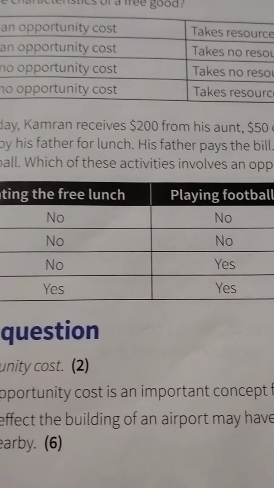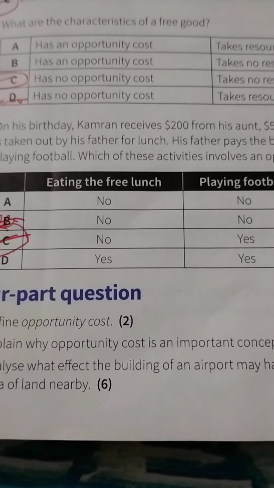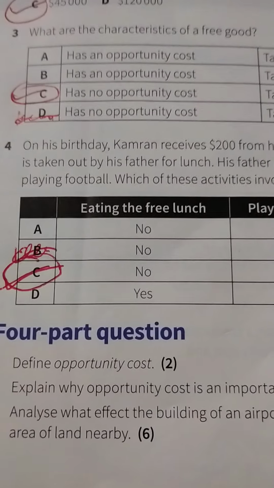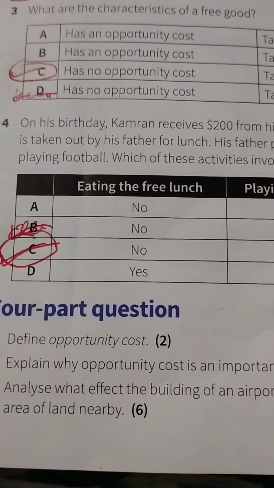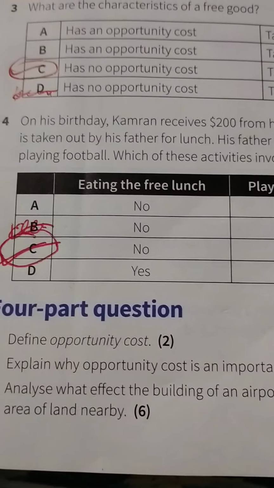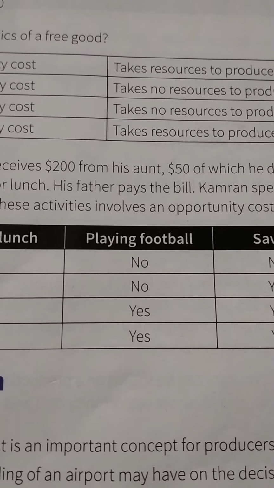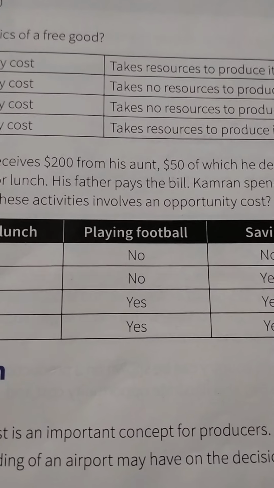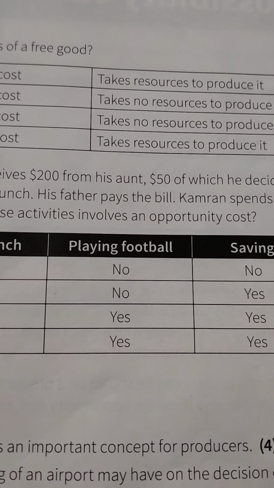If I look at the table which is given, there are eating the free lunch, playing football, and saving. Eating the free lunch, opportunity cost? It's a free lunch, so there will be no opportunity cost because it's free. Playing football, yes, because he can utilize that time in studying, or meeting with friends, or sitting with his parents.